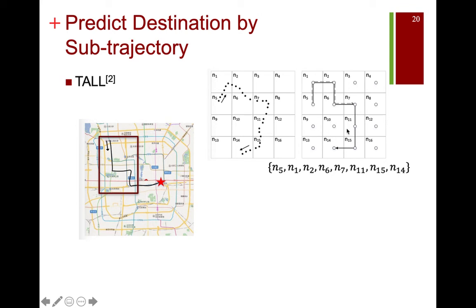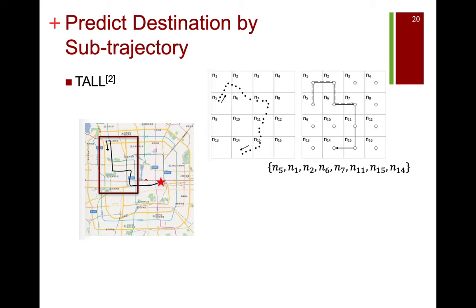After that, we can use the Markov model to calculate the overall probability from the starting point, passing by the given sub-trajectory, and then to the possible destination. This algorithm will return the destination with the highest probability.